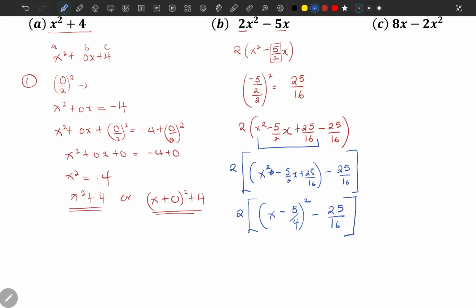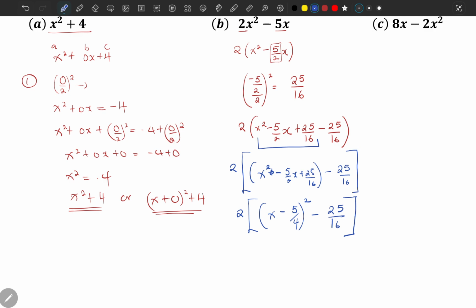After factorizing, when you expand this, it takes you back to that. So there's nothing to worry about. Just know how to factorize this, then you are safe to go.